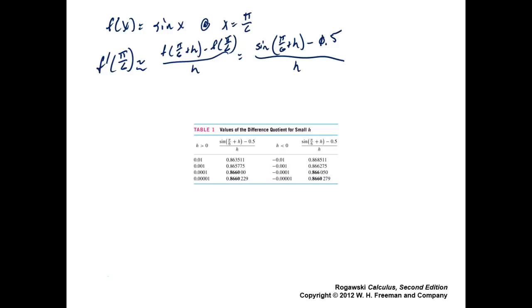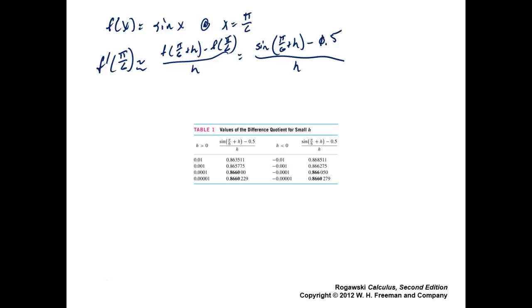Pi 6. Anyone know what pi is? 3.14. So it's a little bit greater than 3. Divided by 6 would be 3 divided by 6. 1/2. Exactly. Okay? So let's pick something less than 1/2, because why have an h that's bigger than what your pi 6 is?